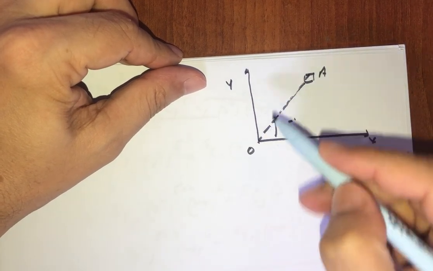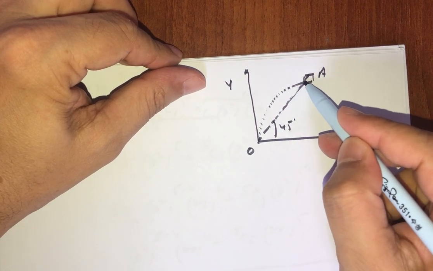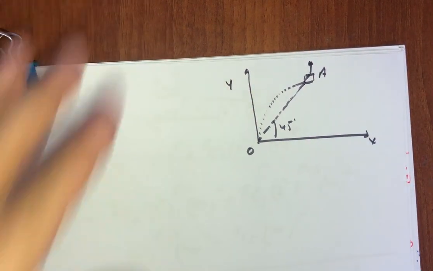At this instant, a stone is thrown such that it hits the trolley, and the trolley is moving in this direction.